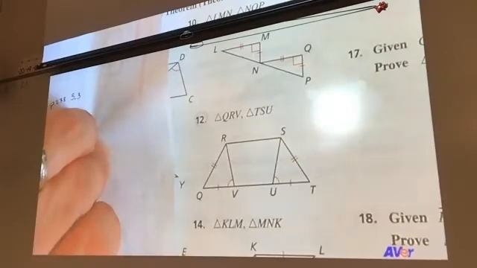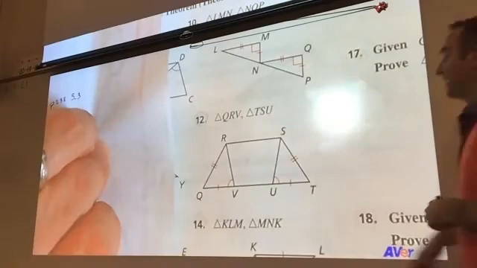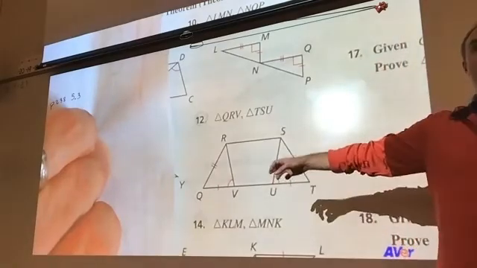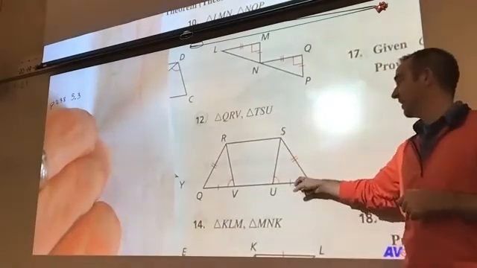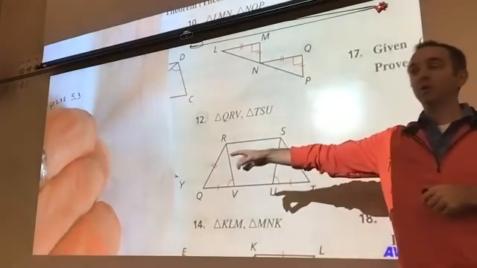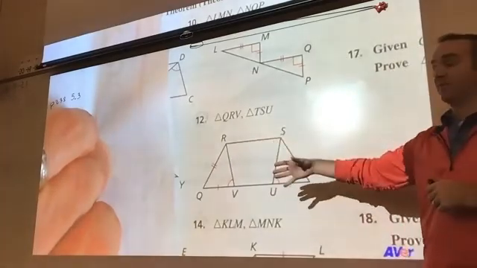Yes or no? No. Somebody tell me why not? Why does this not work with our side angle side here? It's not included. It's got to be the included angle. So if we knew that T and Q were congruent, that would be enough information.